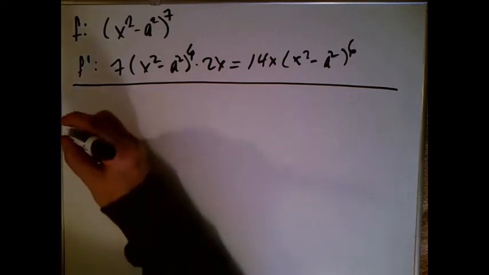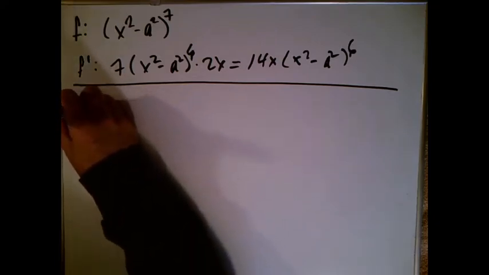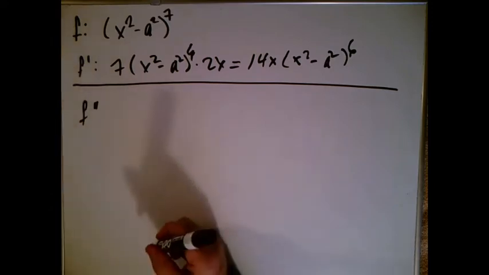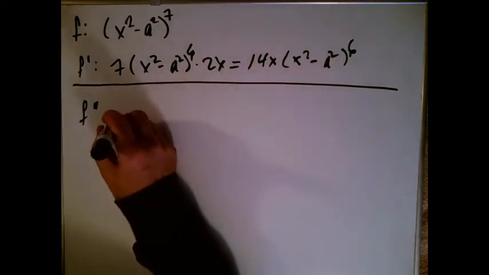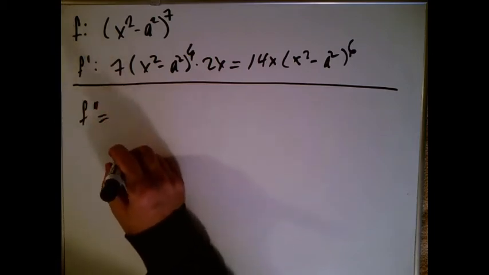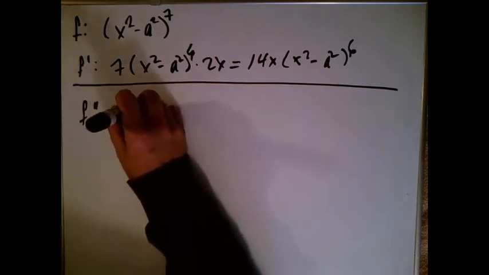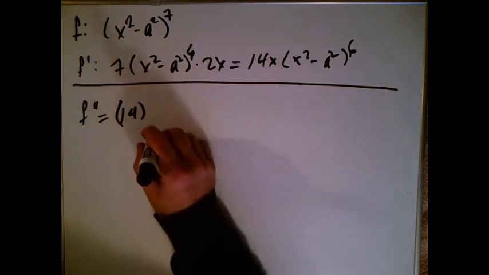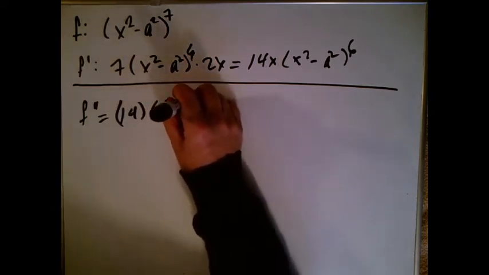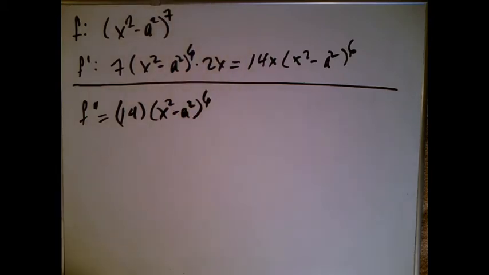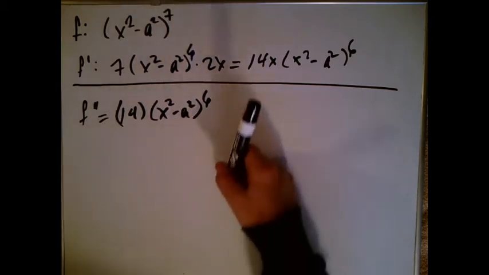So let's take the second derivative. Second derivative you can see is more complicated, because we can't just start with a chain rule, we've got to start with a product rule. So what I'm going to do is it's the derivative of the first times the second like that, plus the derivative of the second, and that's blob to the 6th.